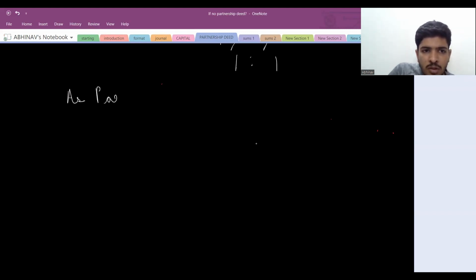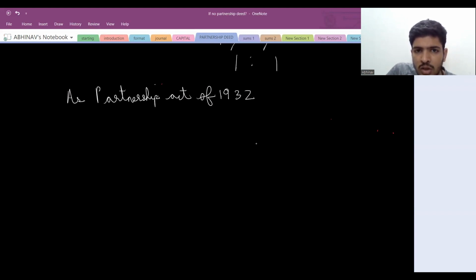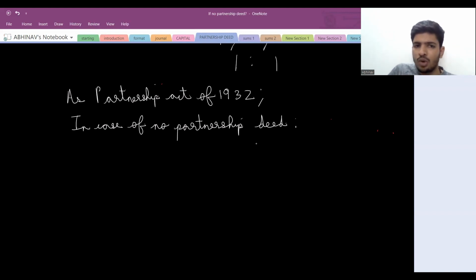Write this down. As per the Partnership Act of 1932, in case of no partnership deed, these are the following points which will be followed.